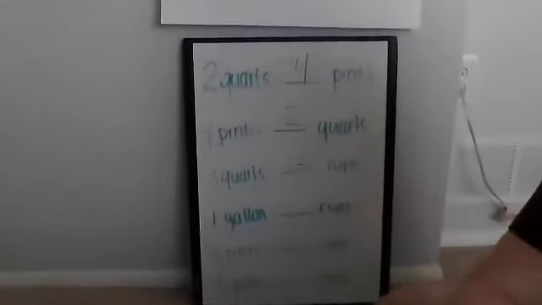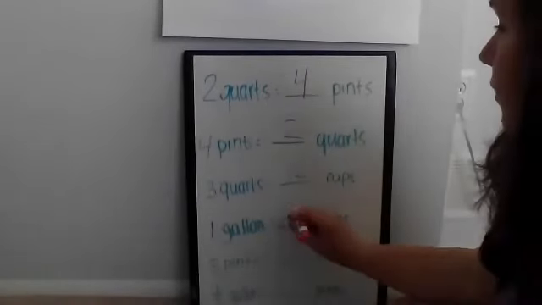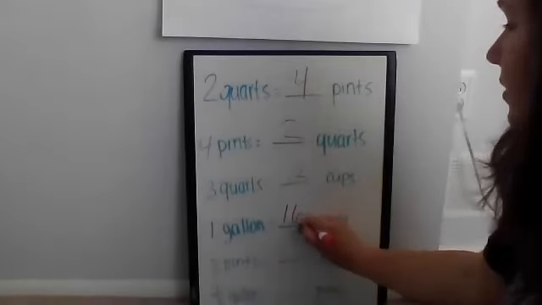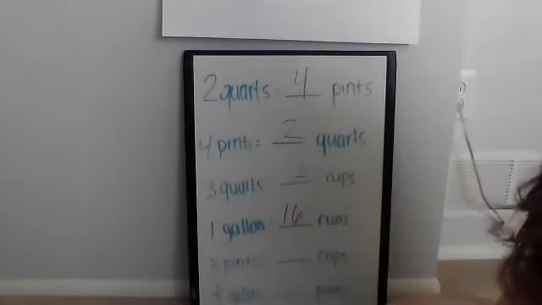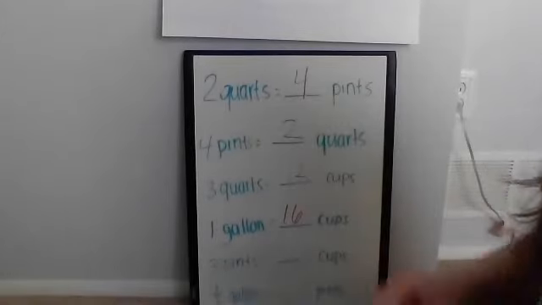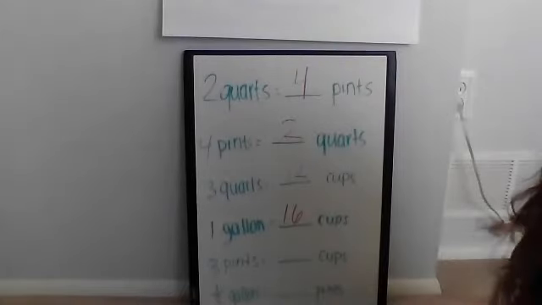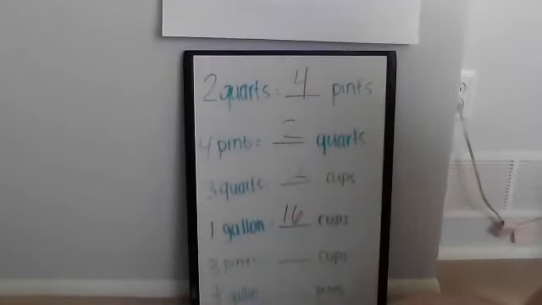After doing that, you should have written 1 gallon is equal to 16 cups. So if you buy a gallon of sweet tea for a party and you're pouring the gallon into cups, you're going to get about 16 cups out of that gallon.